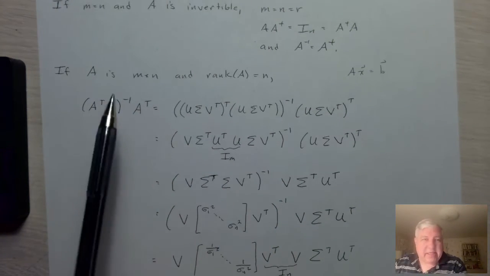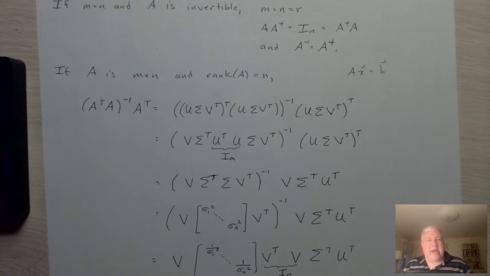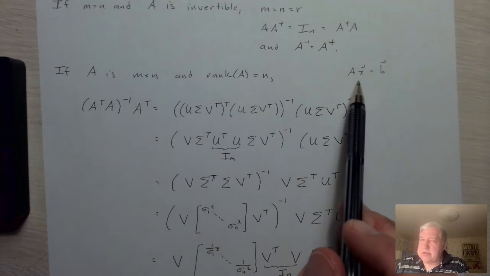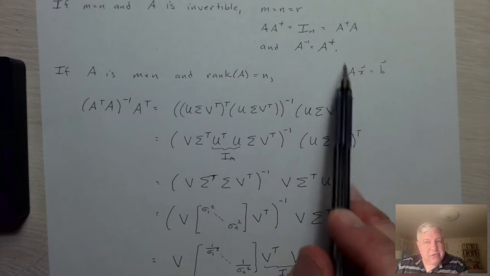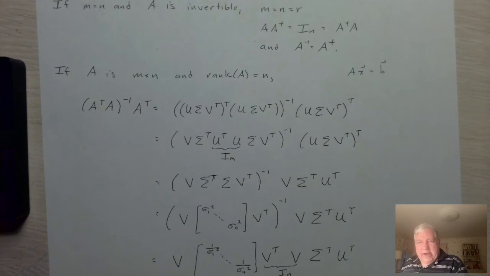This still will make sense if the rank of A is not n. Even if the columns of A are not linearly independent, we can still talk about a pseudo-inverse, and we can still use that to find the least squares solution. All right.